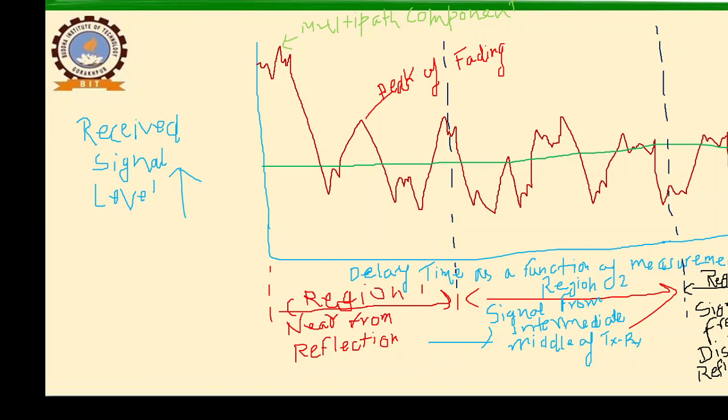So the power level goes down as the signal propagates from transmitter to receiver, either in an indoor or outdoor environment. So the power delay profile is typically predicted in this diagram. So it is like this way.